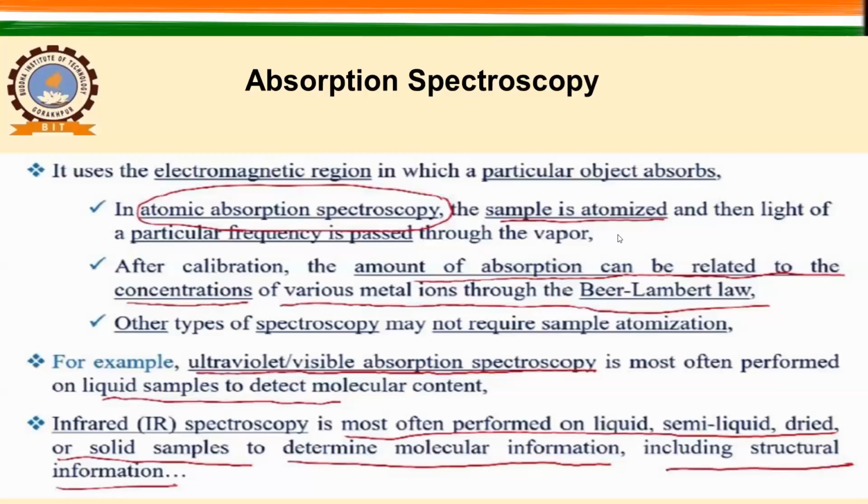So in the atomic absorption spectroscopy, the sample was atomized, right? So it will reach to higher state and then it will come back to lower state. So how much energy it has absorbed, that you can derive, right? So it changes with the technique and the instrument. So do not get confused about the instrument that is happening in some other way. So this is only in case of atomic absorption spectroscopy.